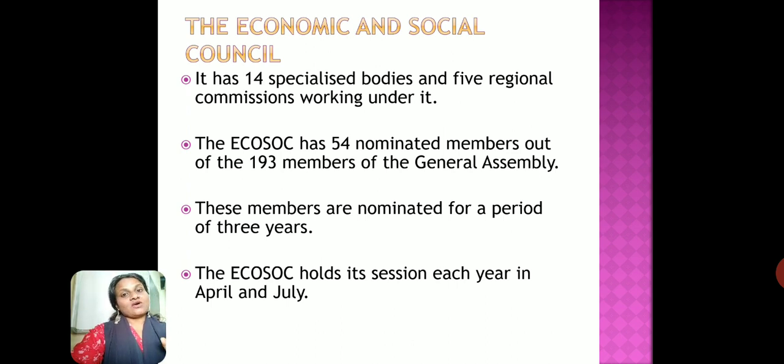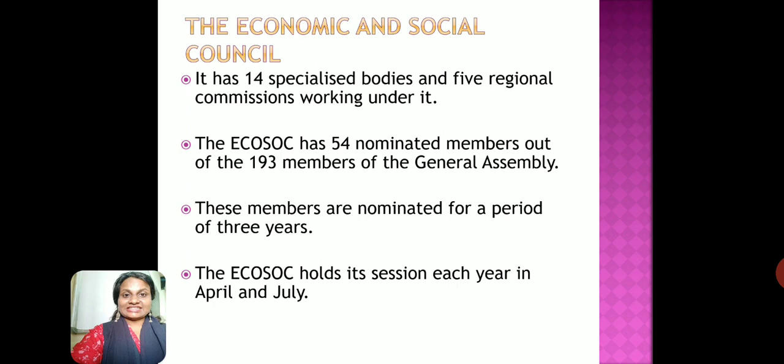Alright. Now, apart from this, you have to remember that the ECOSOC has 54 nominated members out of the 193 members of the United Nations General Assembly. So that tells you how many members there are in the United Nations. How many member countries do you think there are? Any idea?